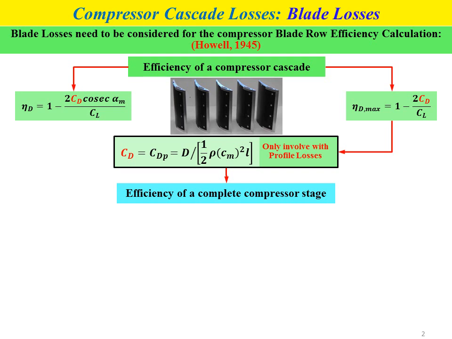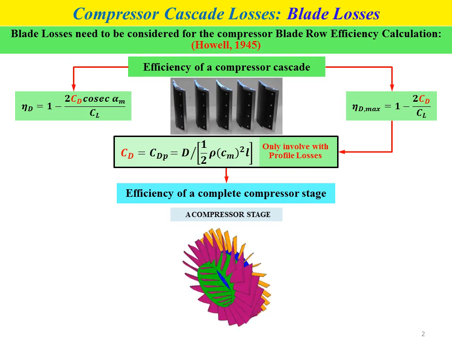So now Howell investigates and tries to determine the efficiency of a complete compressor stage by considering the other types of losses. A compressor stage consists of 2 parts.